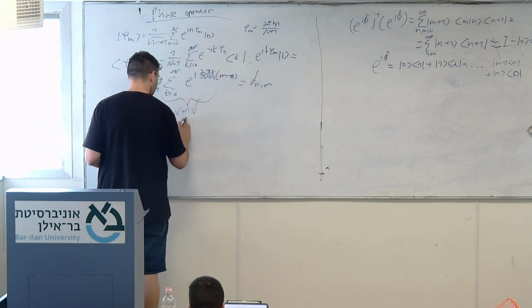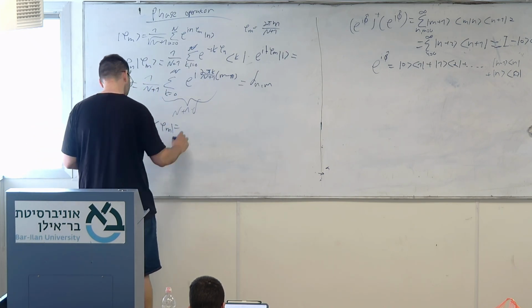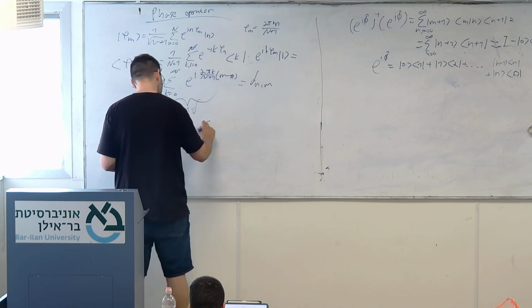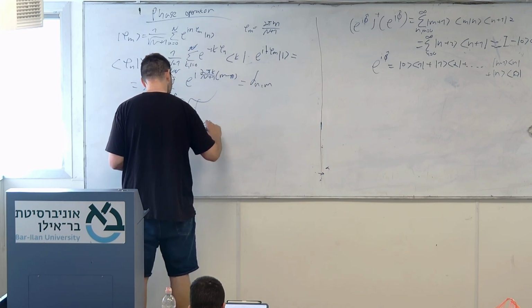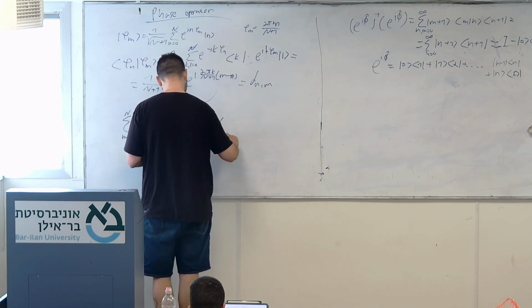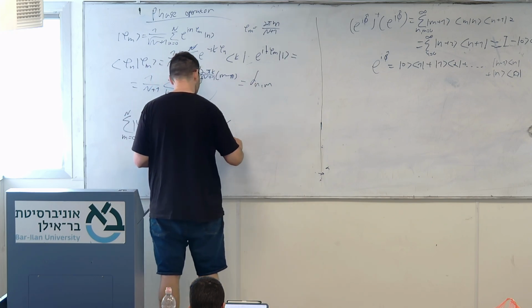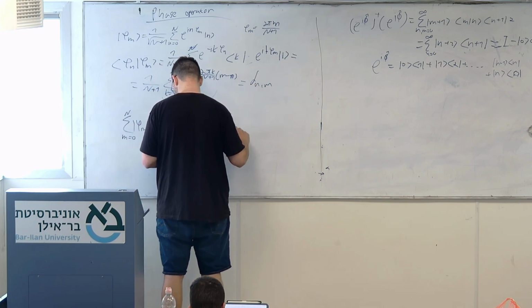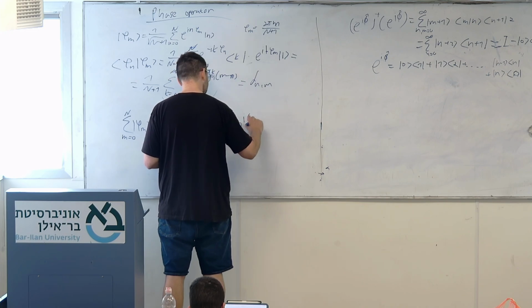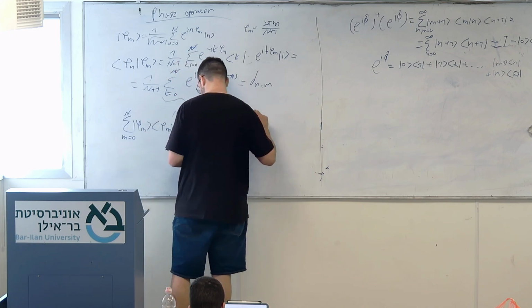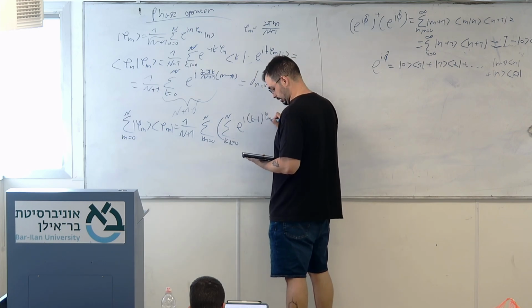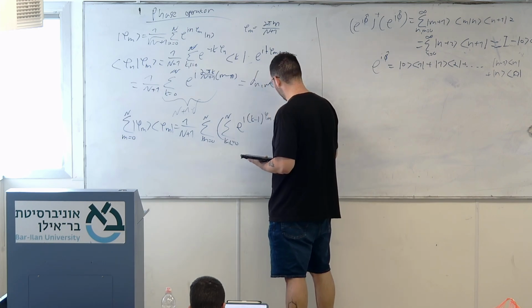This thing would be equal to 1 over n plus 1, sum over m equals 0 to n, sum over k, l equals 0 to n, e to the i (k minus l) phi_m, |k><l|.